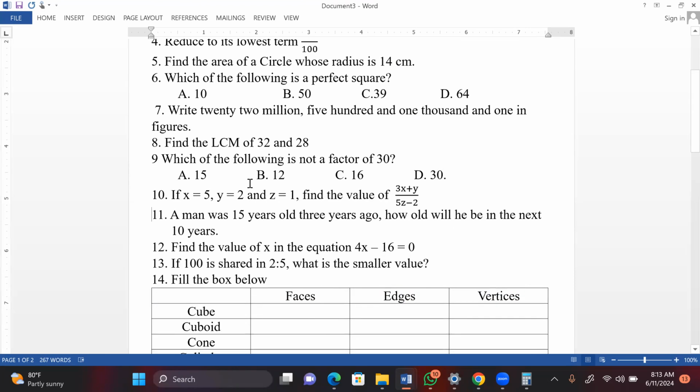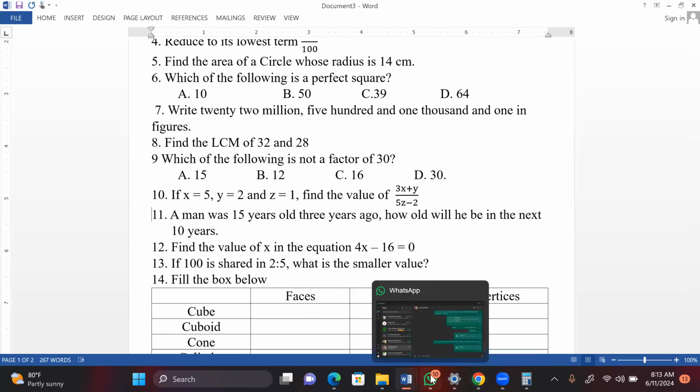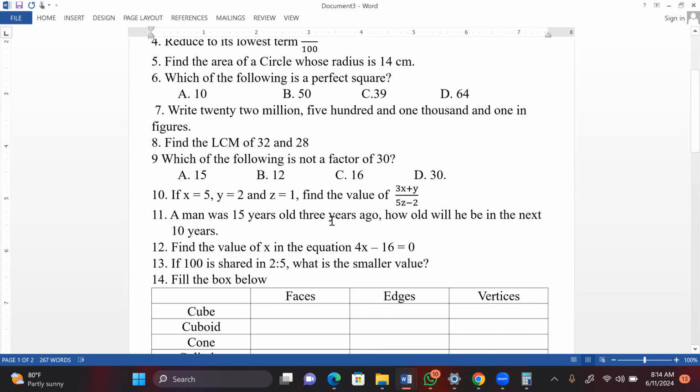I don't know what I did wrong. I'm not getting the same answer. Can you hear me? I can hear you. Check your workings. Snap it and send it to me on WhatsApp. I will look for your mistake and correct it.